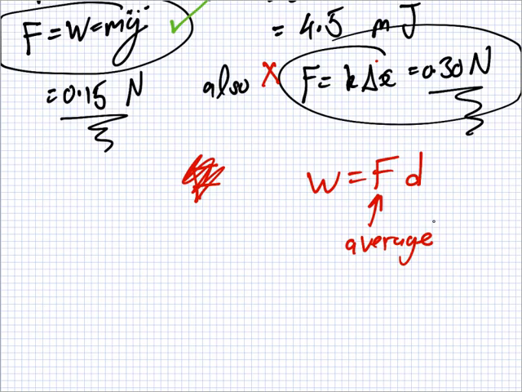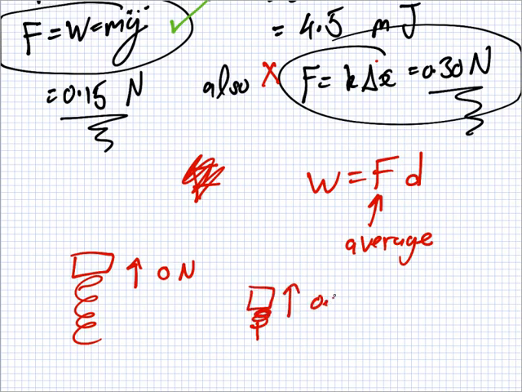Is there more force from the spring at the top or at the bottom? When the spring is at the top, there's a small force. But when the spring gets compressed, there's a bigger force. But that's not the average force. The average force would be 0 plus this divided by 2, which is 0.15. And now it's the same as the weight.